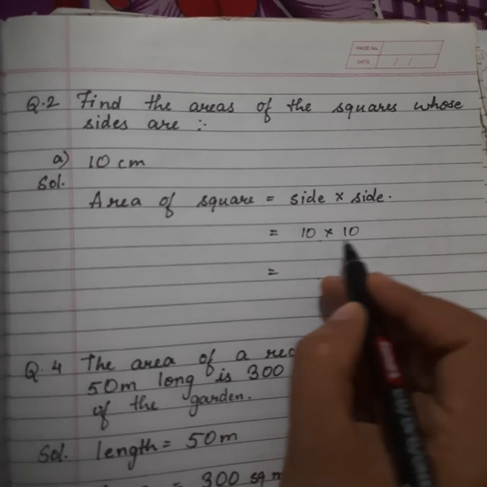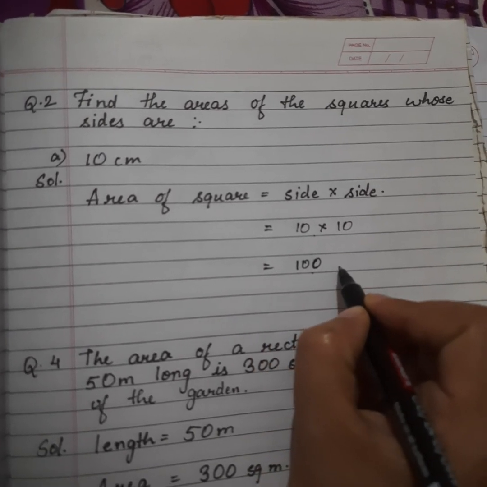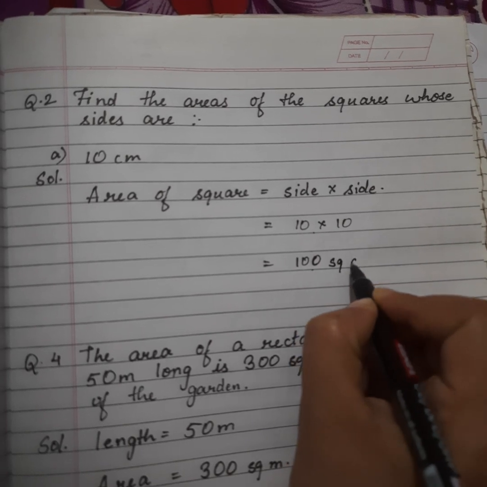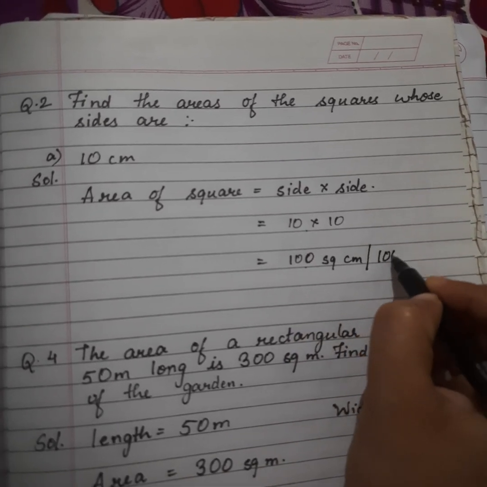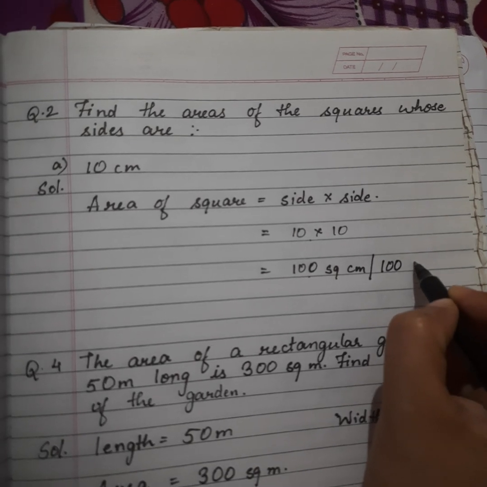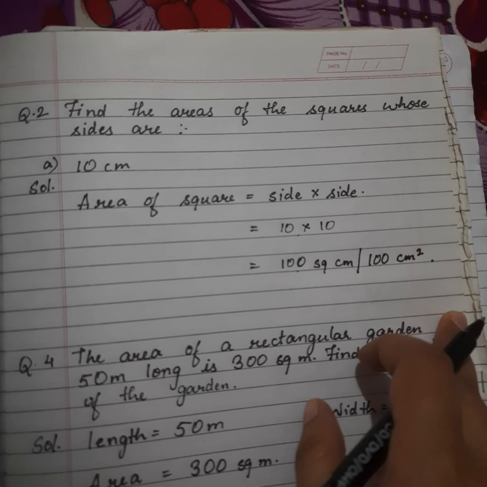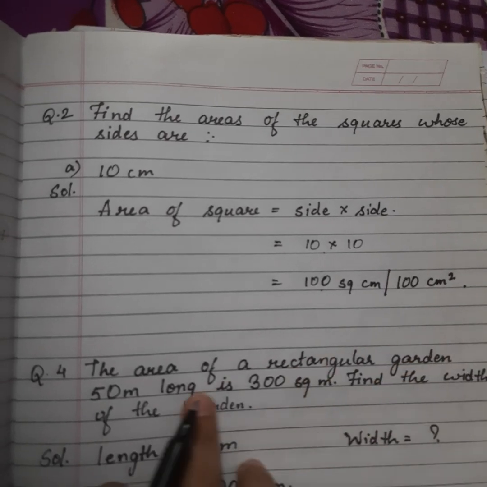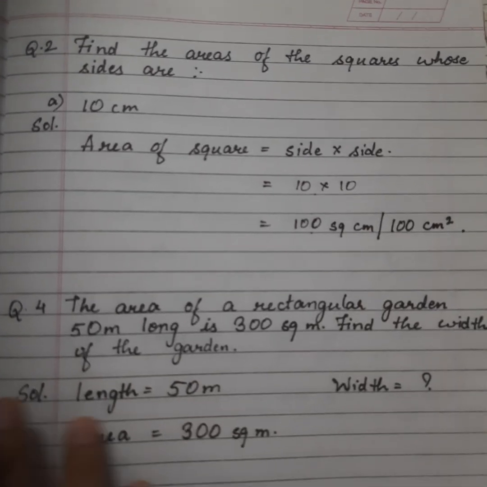So 10 tens is 100 centimeter square or square centimeter. This way also you can write, or you can write as 100 centimeter square. In both ways you can write down the answer. The rest two are there that you can do on your own.